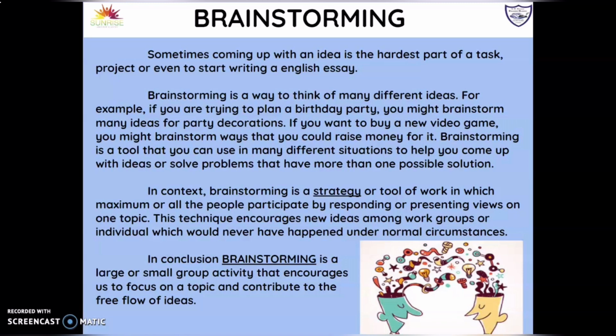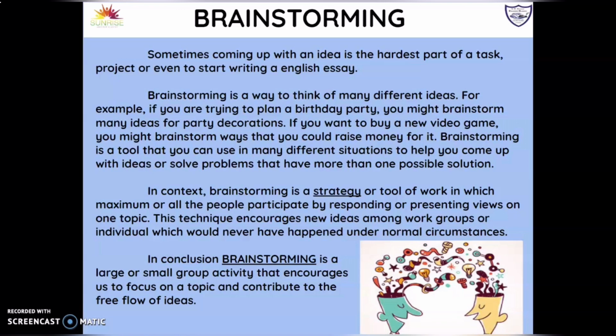If you want to buy a new video game, you might brainstorm ways you could raise money to pay for it. Maybe you can brainstorm to help someone in your family with a specific situation. Maybe what are we going to have for dinner? Like I said, from something very simple to something complicated, you can use brainstorming.